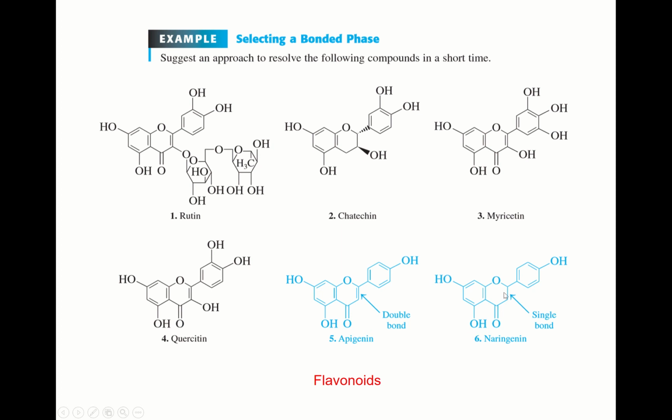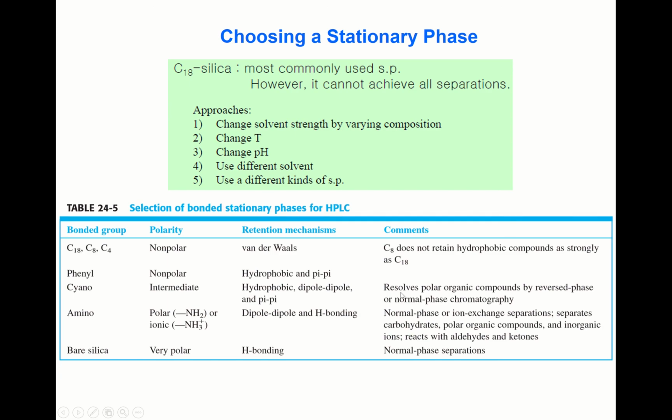So the pi system is broken in this middle ring. To separate these, you have to have a stationary phase with pi interactions. Which one is that? Maybe the phenyl group here, or the cyano bonded phase.